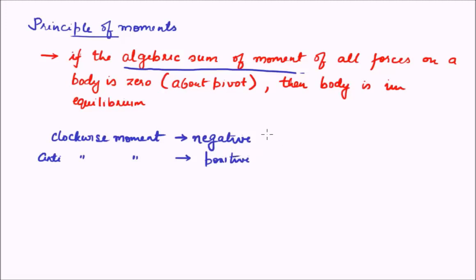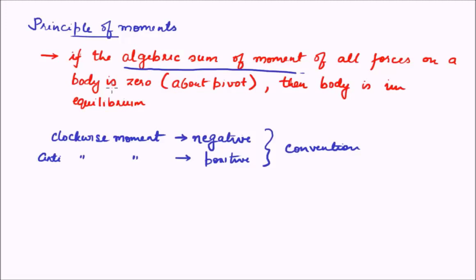This is conventional, and we will use the same convention. Therefore, an alternative statement of principle of moments can be that the sum of clockwise moments on a body should be equal to the sum of anti-clockwise moments on the body for the body to be in equilibrium.